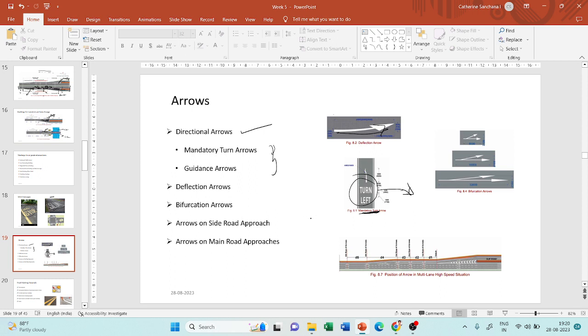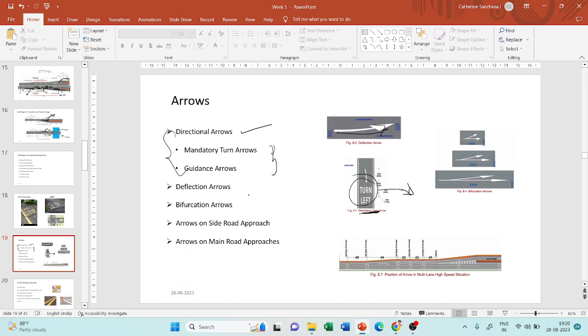Now guidance arrows. A guidance arrow is to guide the traffic, and it is considered to be helpful to the traffic. These are the two kinds of arrows that come under directional arrows. The other one is deflection arrows.